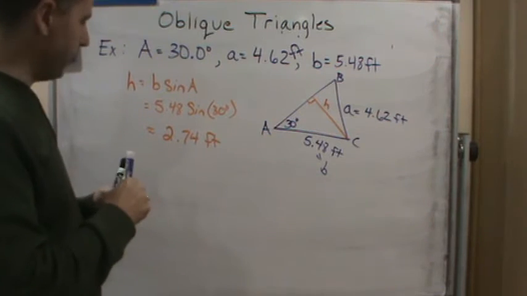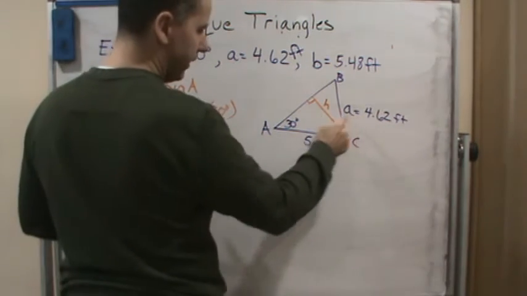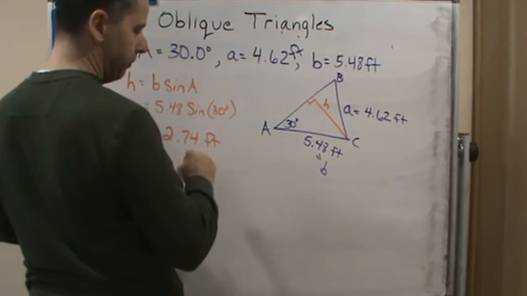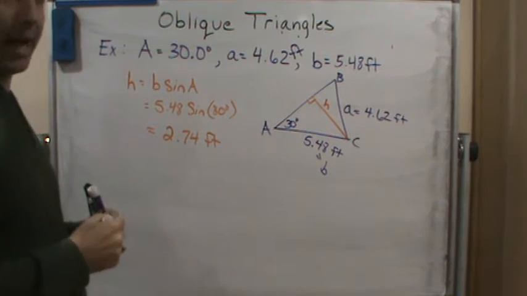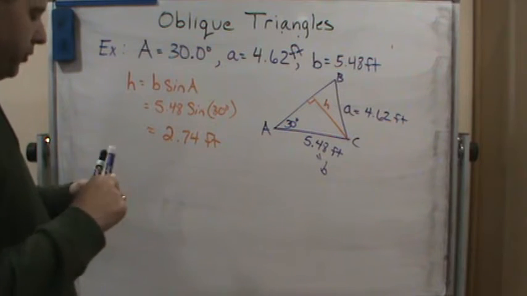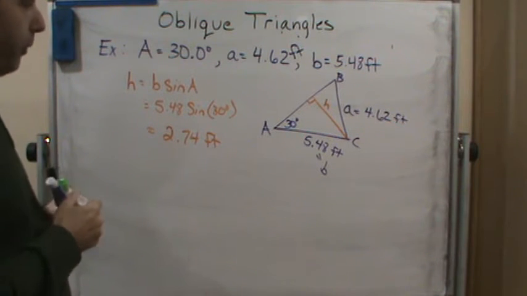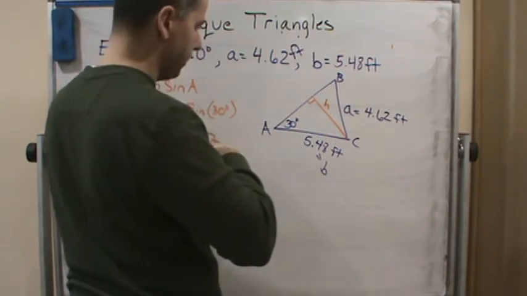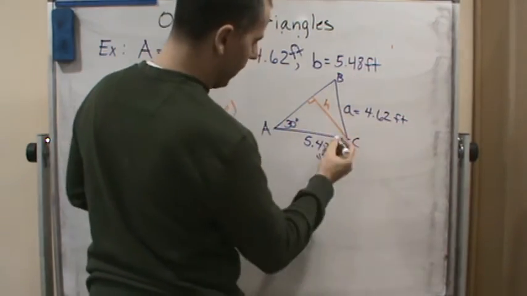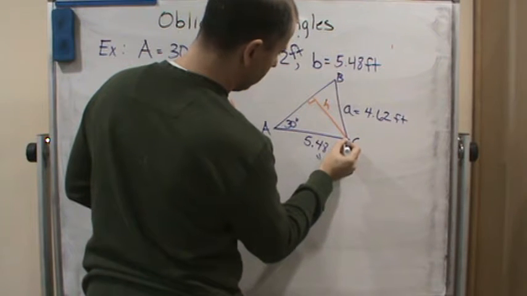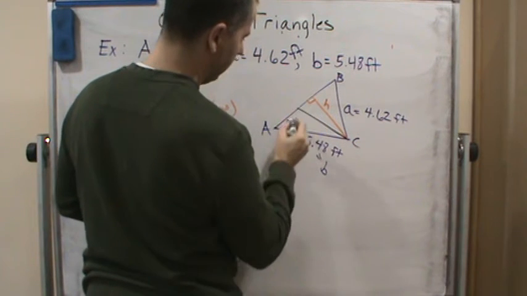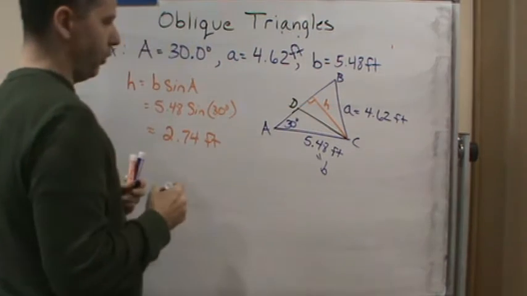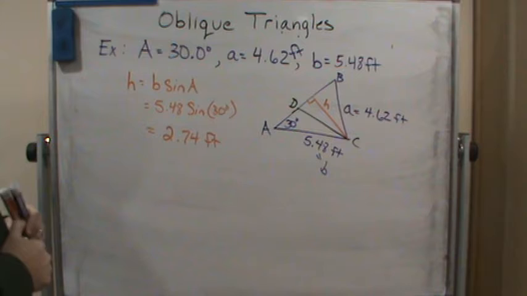Now look at that. a is greater than the height of the triangle, but less than b. So that means there are two possible triangles. Let's solve for both of them. We're going to have one here, but we're also going to have another triangle that goes something like this, where this is D. So we're going to solve for both triangles.